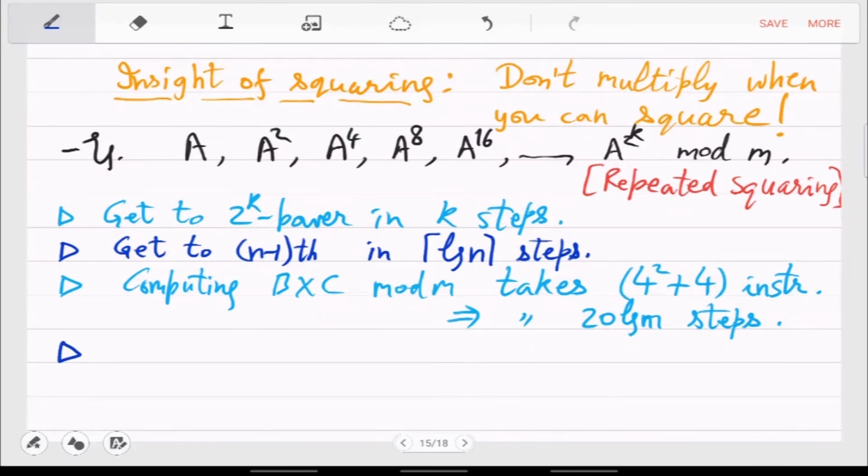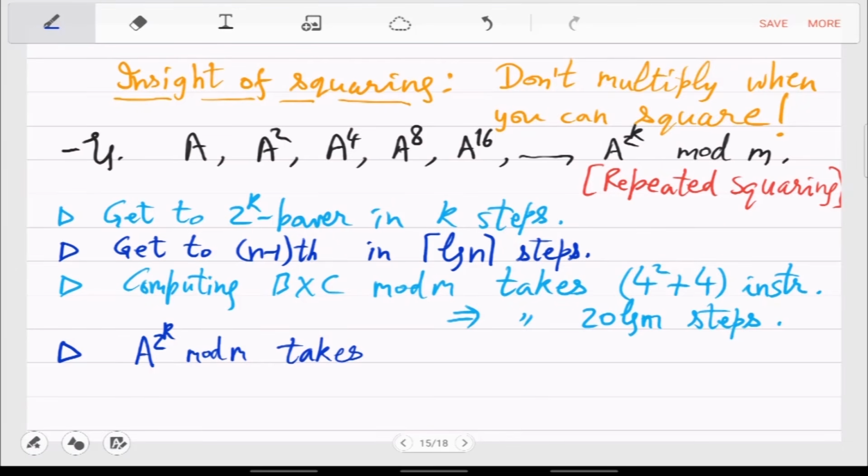So how much will this cost? A raised to 2 raised to k mod m. This 2 raised to kth power we have written above. It's k steps. It's basically k squarings.